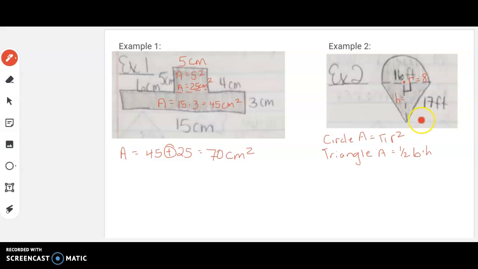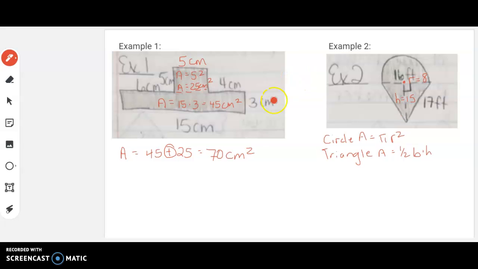You could use the Pythagorean theorem, but you should also recognize it as a Pythagorean triple. So the height is actually 15 because it's an 8, 15, 17 Pythagorean triple that we learned back in Unit 7. If not, do the Pythagorean theorem, but that's the benefit of knowing the Pythagorean triples, so I don't have to.